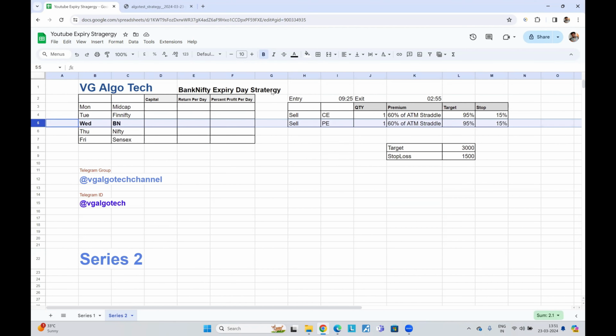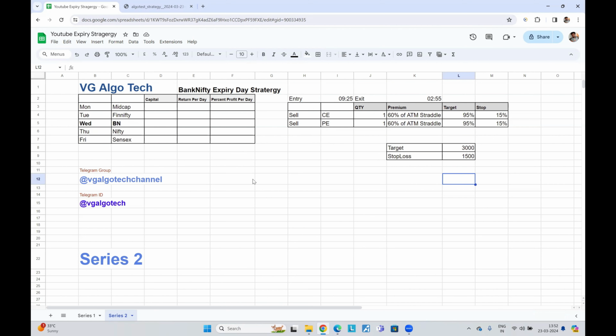I have written down all the rules here for this particular strategy. I will show it on the Algo test platform also, then we will update the capital required, return per day, and percentage profit per day. Let's go to the Algo test platform and see how to build this.